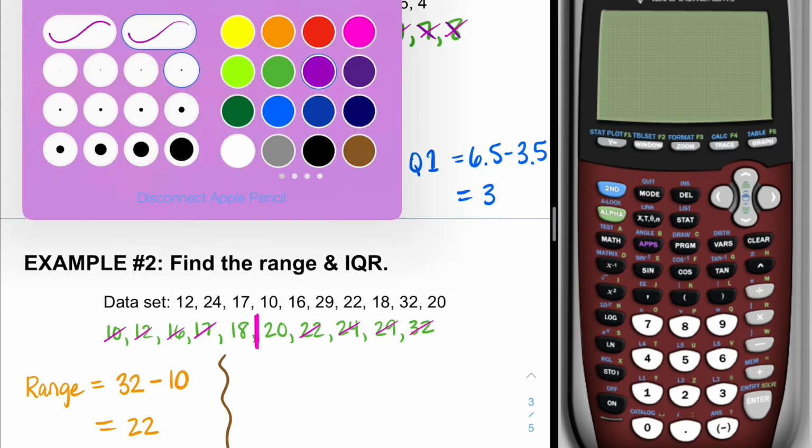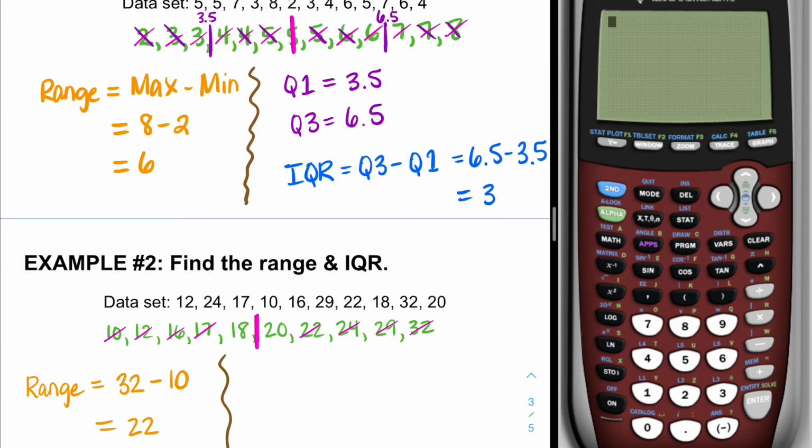Okay. So next I want to look at the lower half, and I'm going to cross out my numbers from left to right until I get to the one in the middle. So here I see that my Q1 is 16.